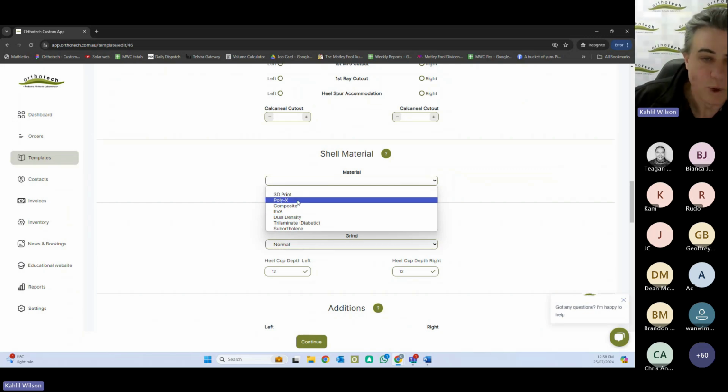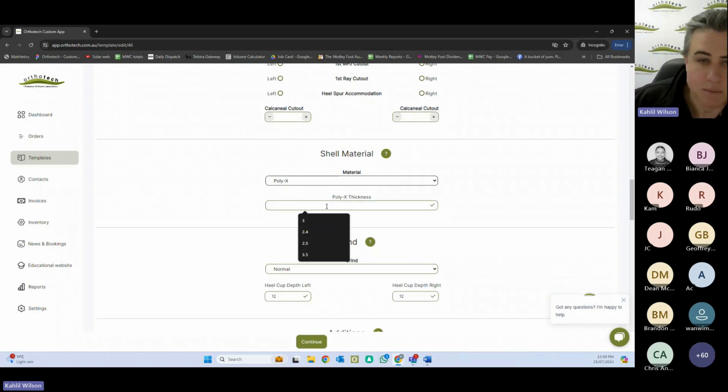I'd probably go more for a composite if this person is a one-directional athlete, like a sprinter or a distance runner. General exercise, probably poly. It's a little bit more forgiving and has a little bit more flex, and then maybe 3D print for someone that isn't overly active.